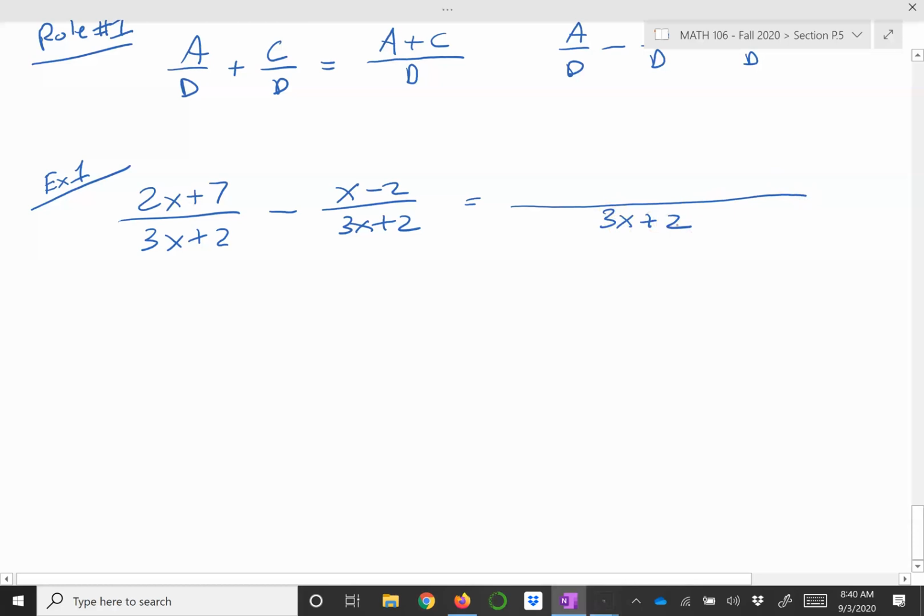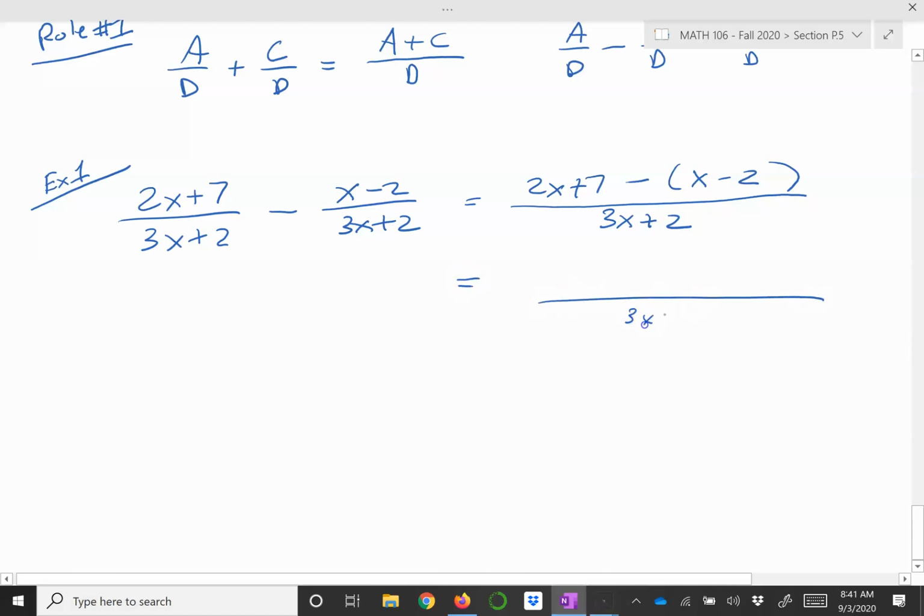And now you have to just do that subtraction up in the numerator. So you have 2x plus 7 minus. Now I suggest you do this every time, even if in your head you know what's going on. Put the minus sign there, and then in parentheses, put that next polynomial, which would be x minus 2. Because hopefully that will remind you that, you know what, I have to distribute that negative sign through both terms in x minus 2.